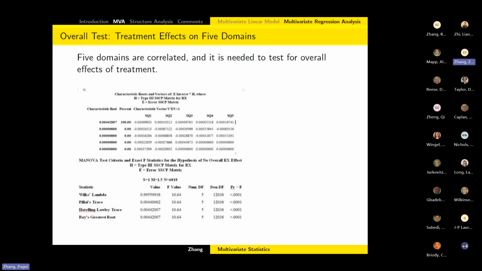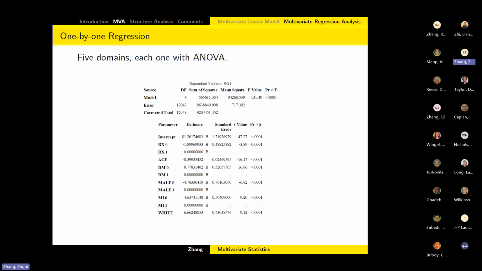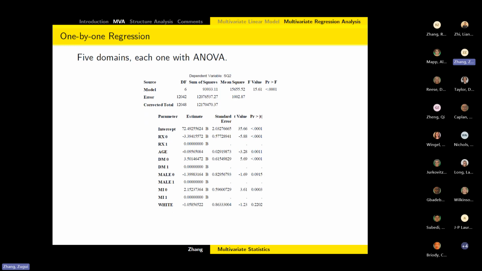We can see overall, the treatment has a significant impact on the quality of life for each domain. Also, for each of the 5 domains, we can run ANOVA analysis. So we will see the dependent variable SQ1, and we have the results of SQ2.